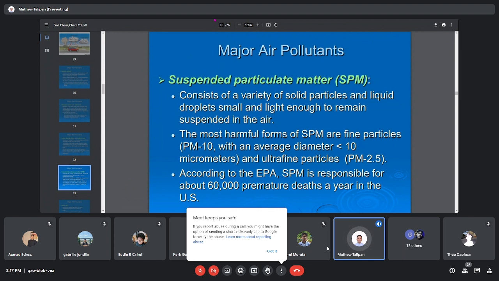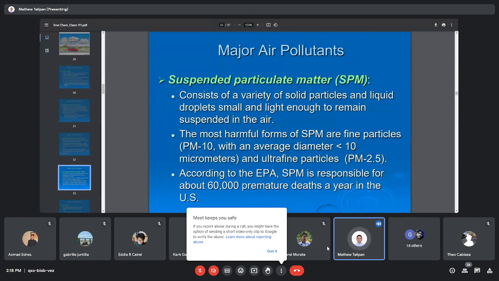These are very fine particles with a size of less than 10 micrometers. We call them particulate matter 10. This type of particles can be inhaled. The danger of suspended particulate matter is that the smaller the size, the more likely they can be incorporated in our respiratory system, and therefore cause respiratory conditions.